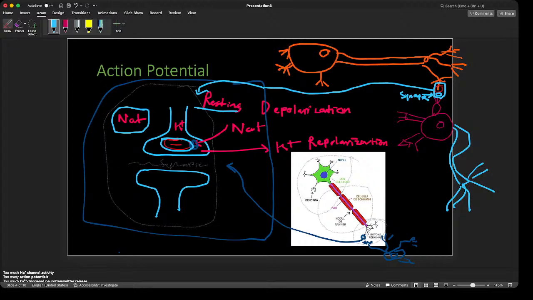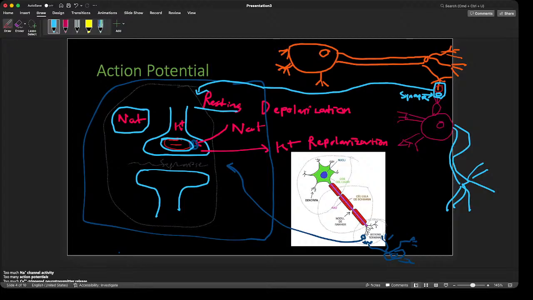Whenever you see this sodium is on the outside, this membrane potential is going to be negative, and that's actually our resting phase. Whenever the sodium channels open up, and the sodium comes inside the neuron, that's when the membrane potential becomes positive, and that's when depolarization occurs.